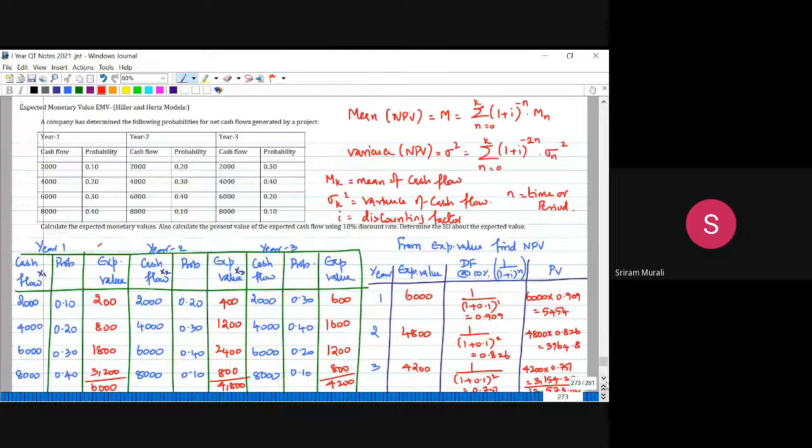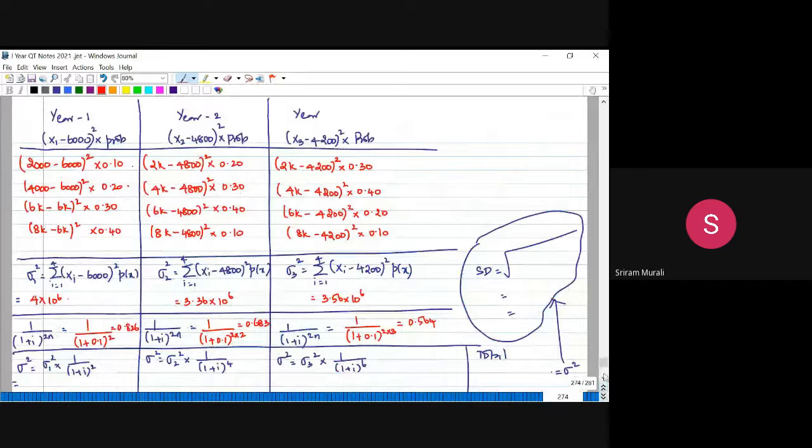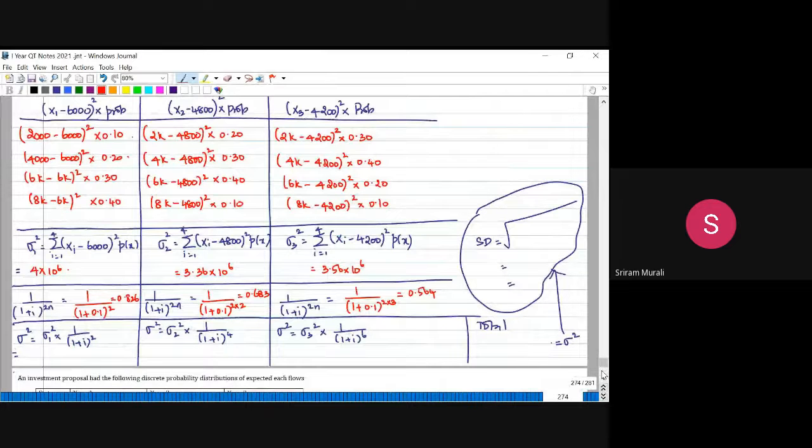What is the standard deviation formula? Sigma into this. So this problem will come in strategic and financial management when you come to CFI. So this is 4 into 10 power 6 into this value. This is 3.6 into 10 power 6 into, which is equal to 2.29.